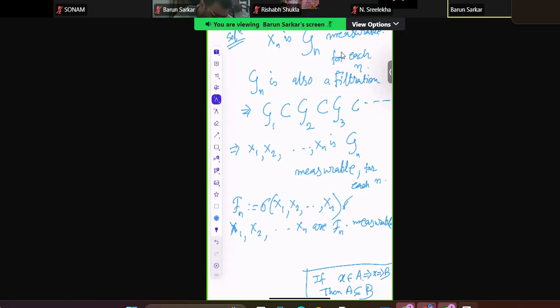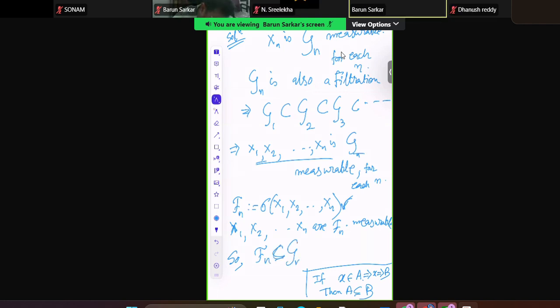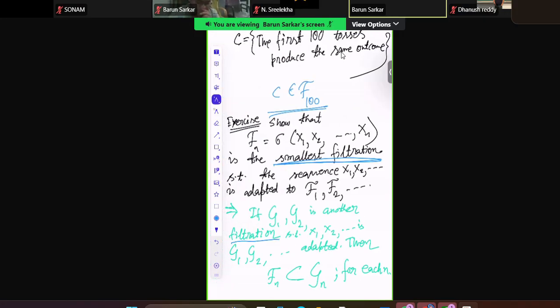And you show that this also belongs to Gn measurable. So in a sense, Fn is contained in Gn for each n. That is what we have to show, that Fn is contained in Gn.